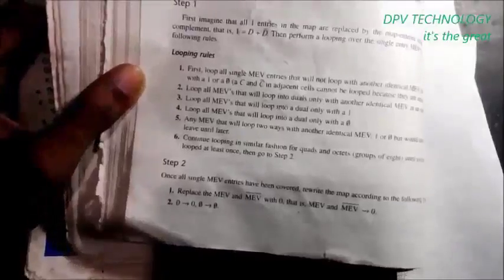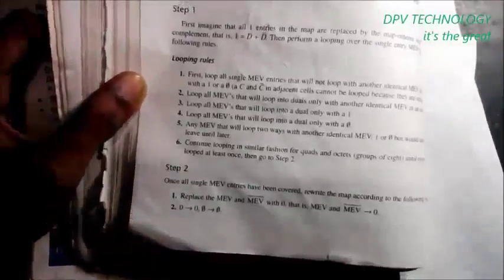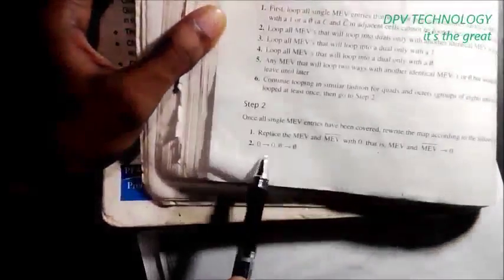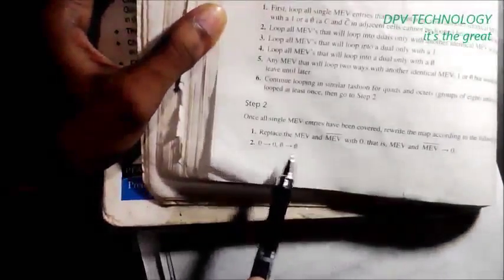The second rule in step 2 is this: 0 will be replaced by 0 and don't care will be replaced by don't care in step 2. That is, after making the table and grouping variables, you will get step 2, and in step 2 you have to do this thing.